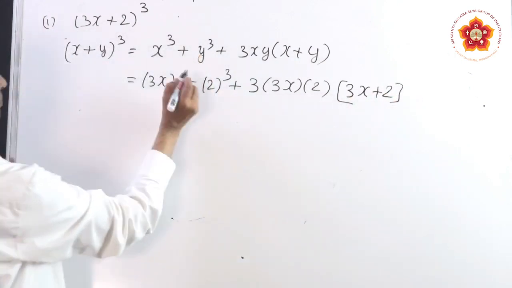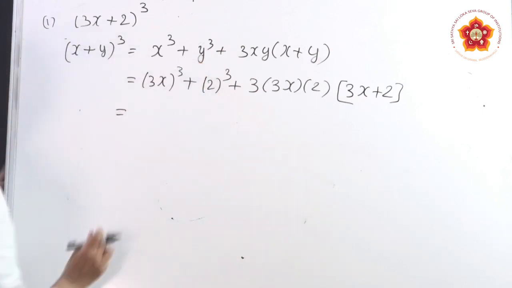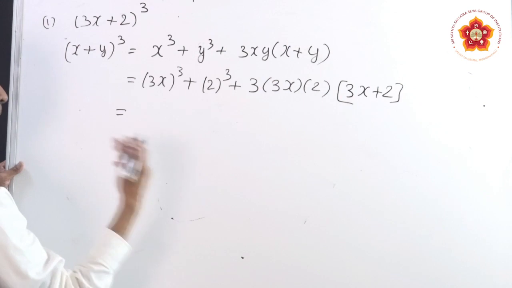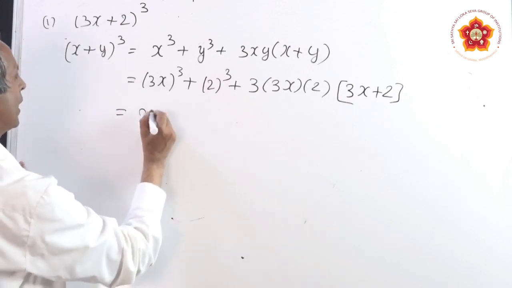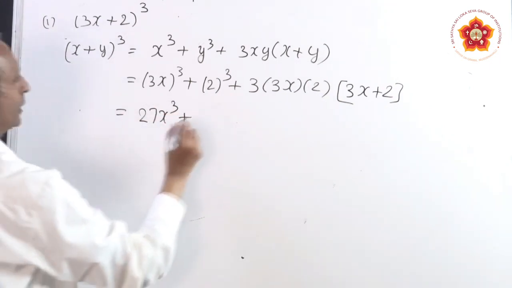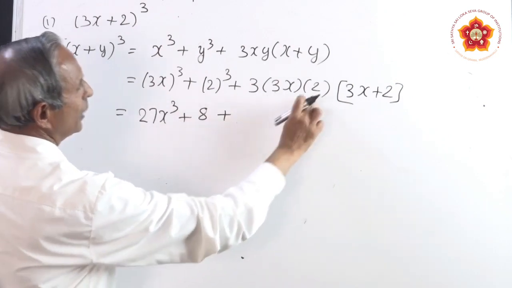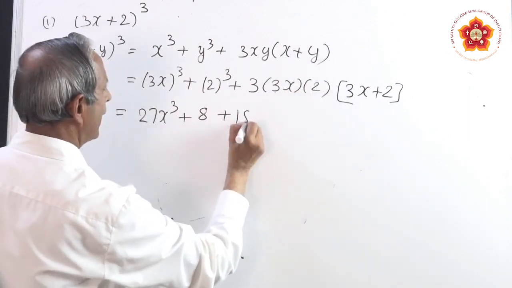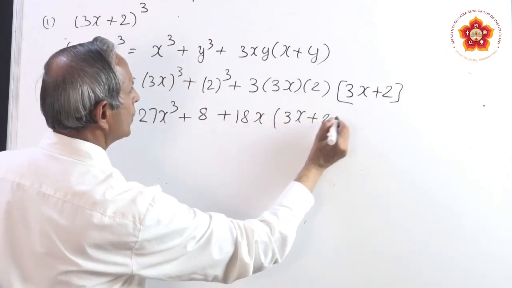Now expand the first term, 3 cube is there. 3 multiplied by 3 times, you will get 3 3s are 9, 9 3s are 27. You will get 27x cube. 2 cube becomes 8, plus 3 3s are 9, 9 2s are 18, x into 3x plus 2.